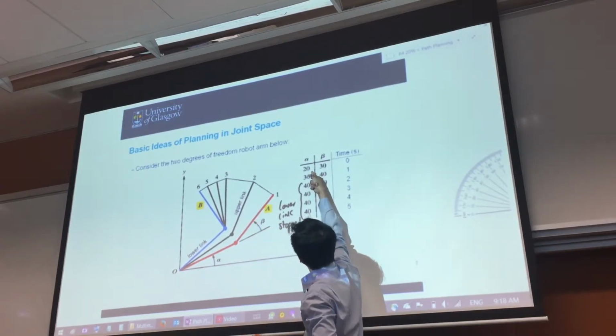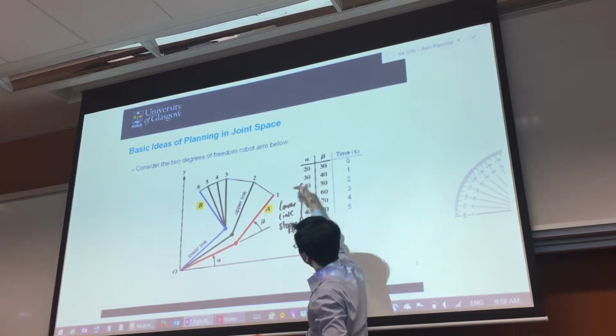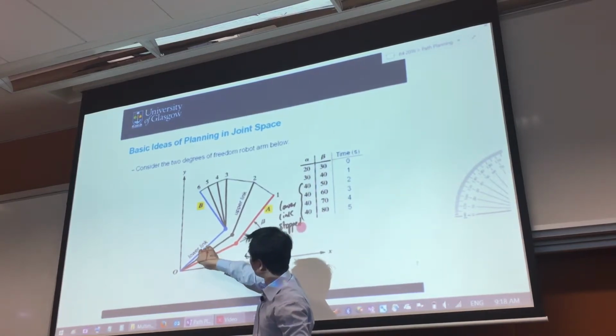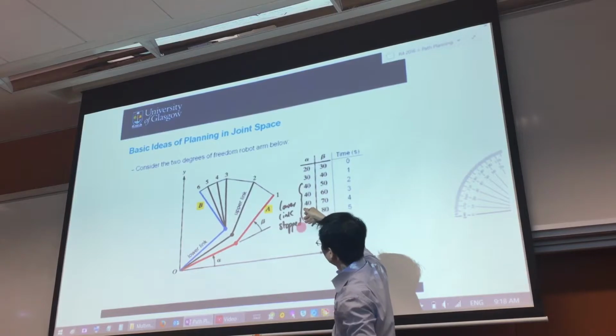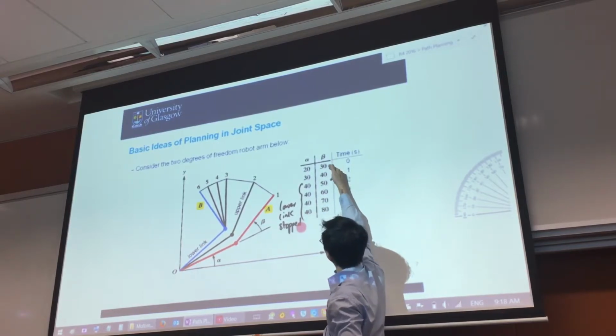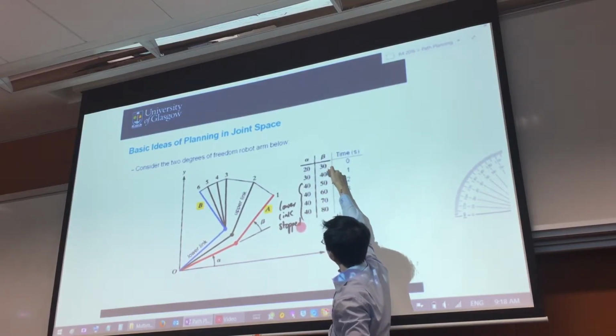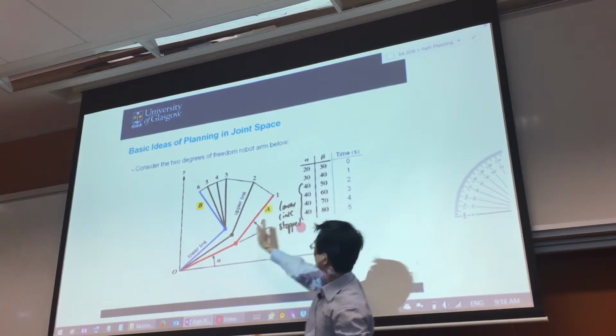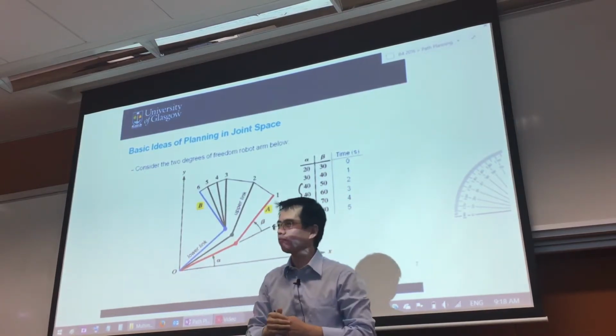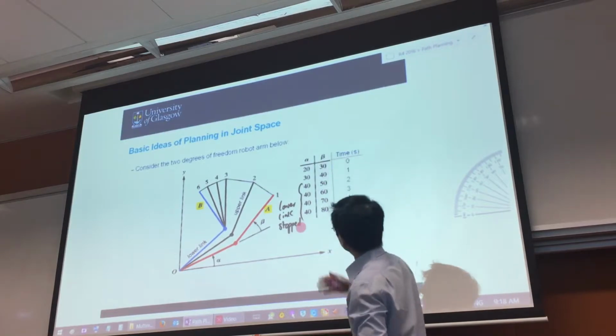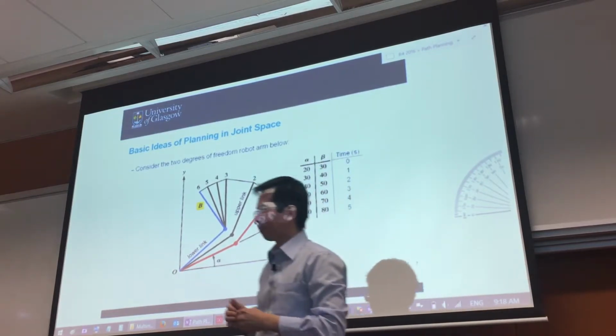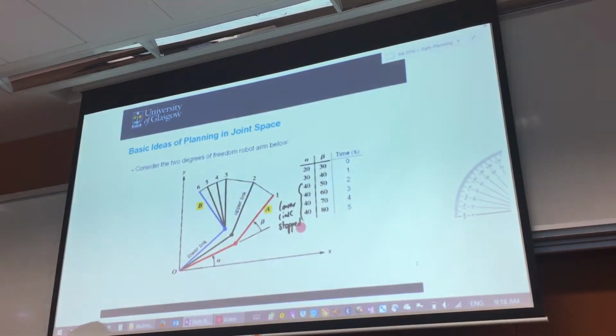So alpha will start to increase from 20, 30, 40. And then after that, you will stop. And beta will continue from 30 degrees, 40, 50, 60, 70, 80. That's what you can see over here in each of the time steps. So it sounds like a fair robotic movement. It moves, and this one will stop, and this one will continue to move.